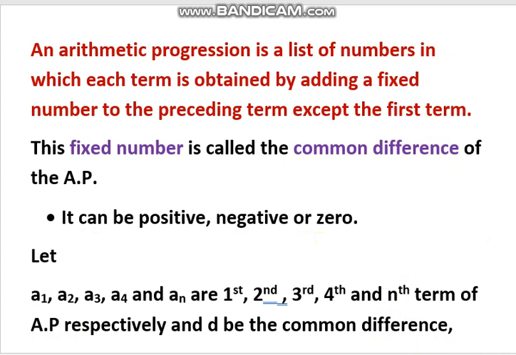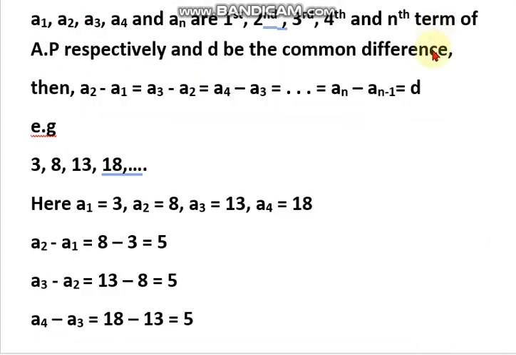Can we say that the difference between two successive terms is constant in an arithmetic progression? Yes. So second term minus first term is equal to third term minus second term is equal to fourth term minus third term, and so on, is equal to last term minus second last term, that is nth term minus (n minus 1)th term, is equal to d.